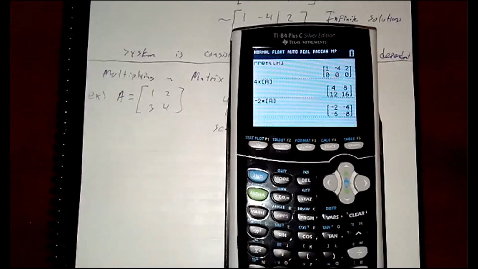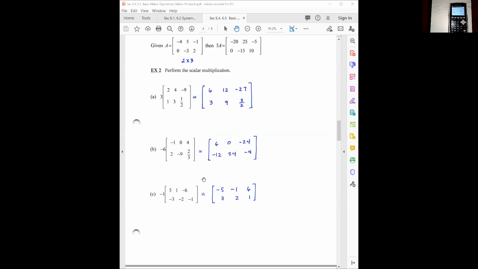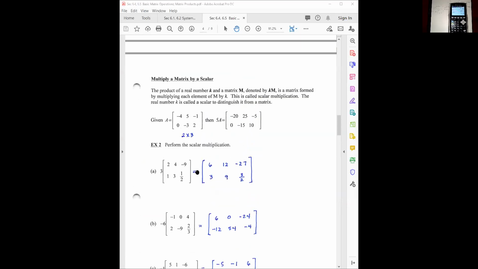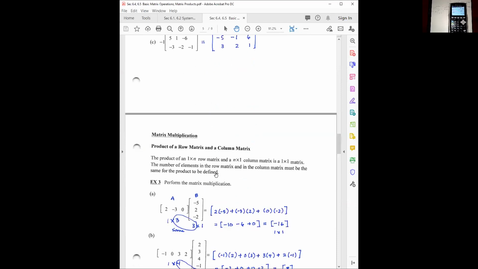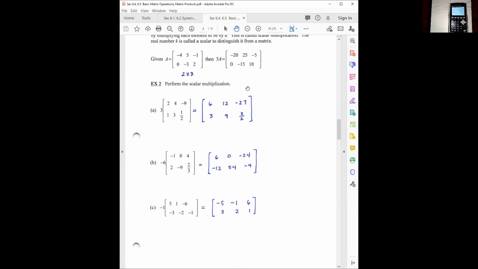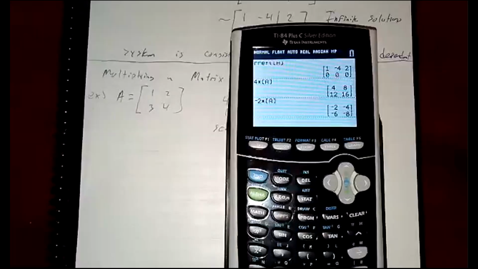So you could do that with all these examples here. If you want to, you could just punch this in there times 3 or whatever. You don't really need to, because multiplying by a scalar isn't that hard, but if you want to, you can. Anyway, are there any questions about scalar multiplication?